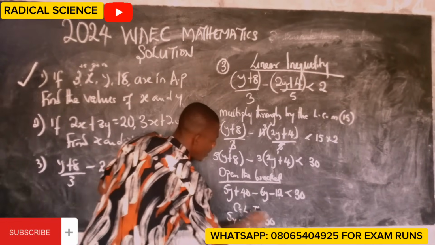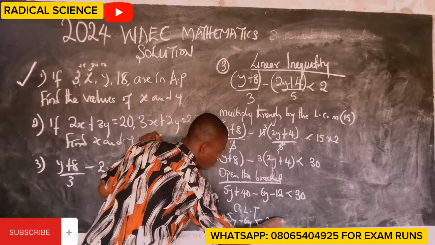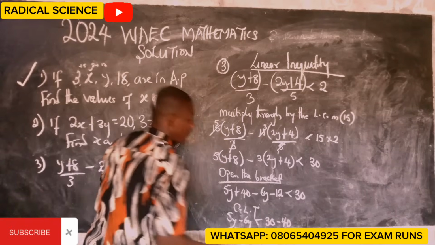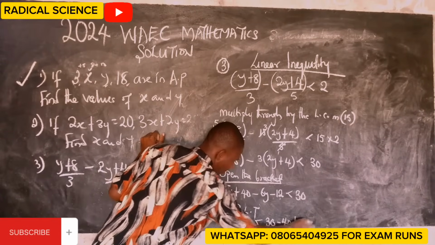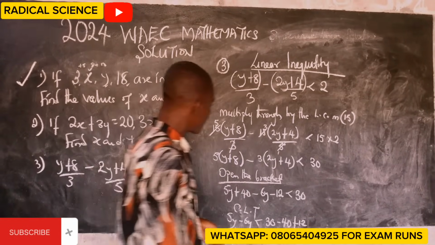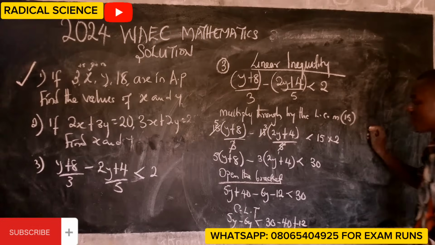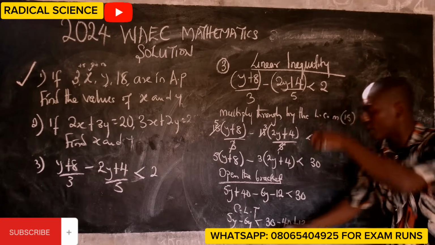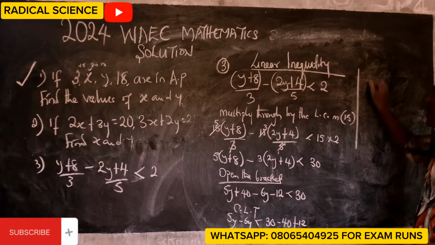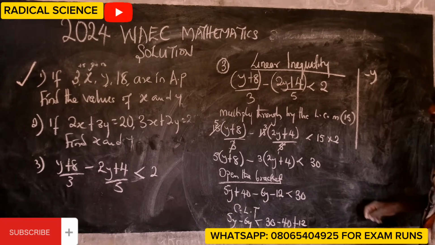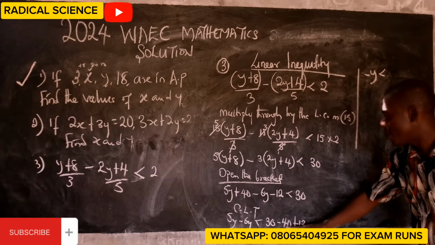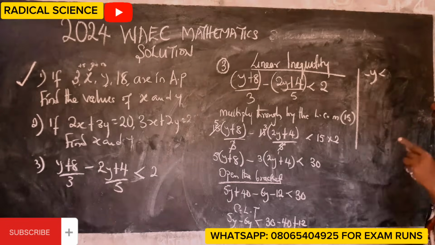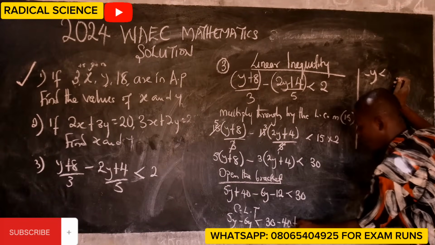I have plus 40 will cross, it becomes minus 40. And plus 12 will cross, it becomes plus 12. Hope you are following me? Then I will say 5y minus 6y is minus y. Minus y is less than 30 minus 40, which is minus 10.